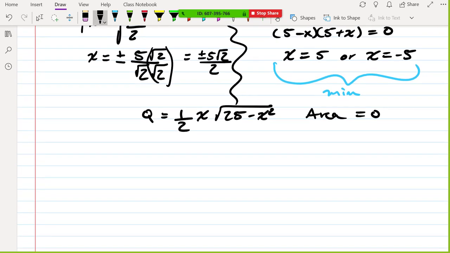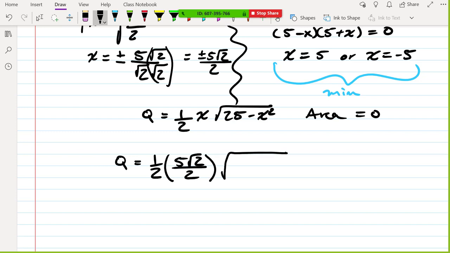Then our maximum is going to occur here at that value. And if we plug it in, we have q equals 1/2 times 5 square roots of 2 over 2 times the square root of 25 minus 5 square roots of 2 over 2 squared.